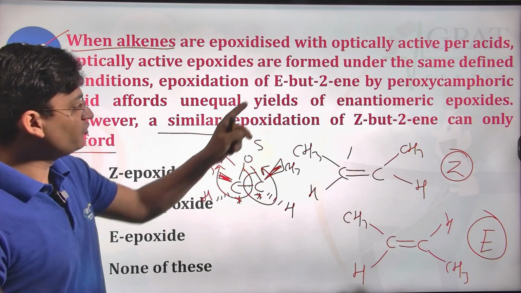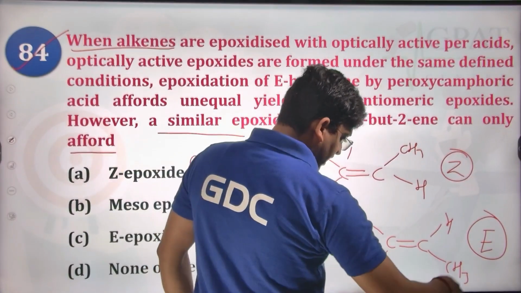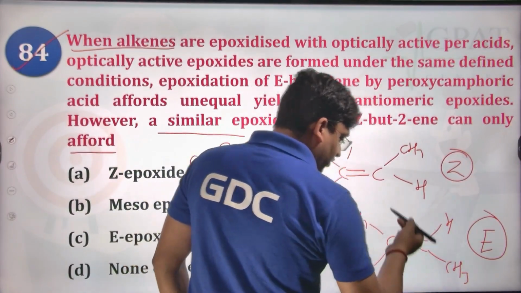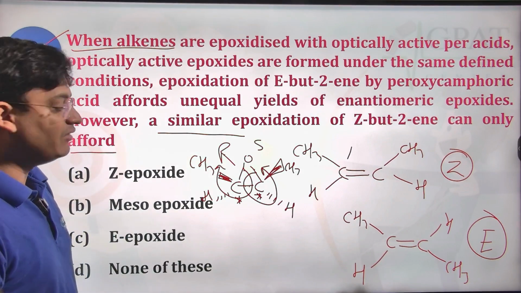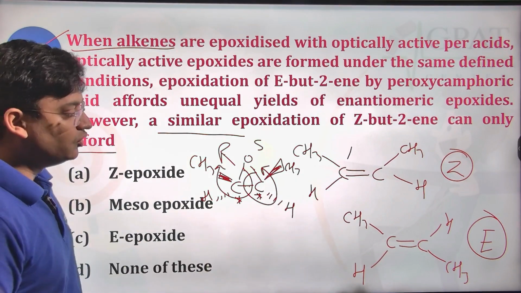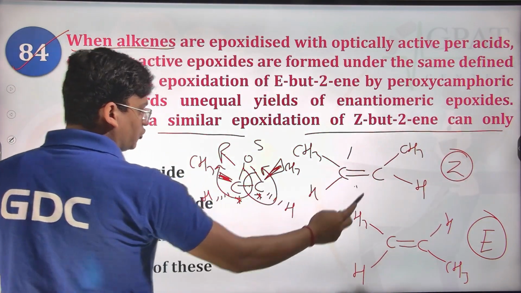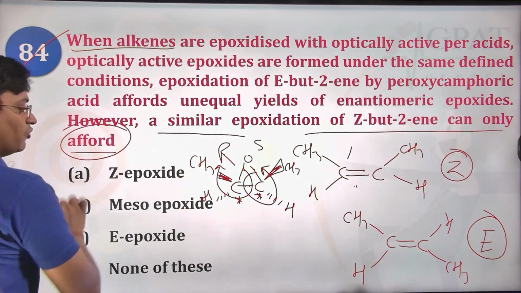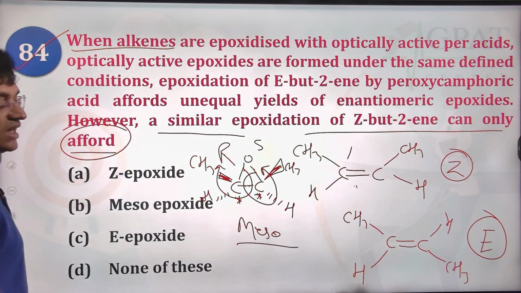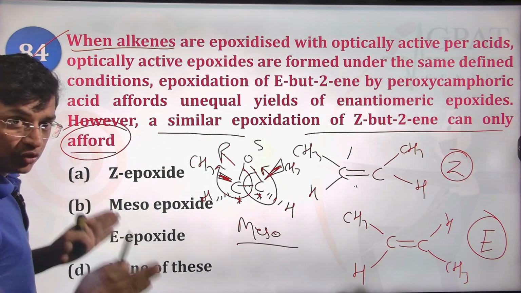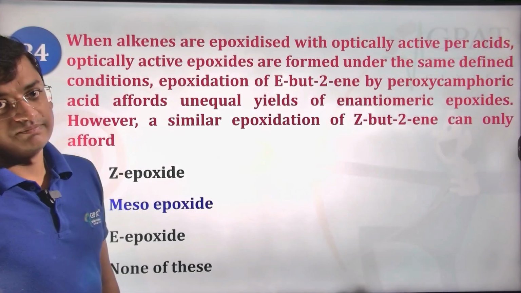For the case of Z-butene, we can only have our meso compound, since the configuration of both the chiral carbons will be just opposite. So we will be getting only and only meso epoxides. That is the question.